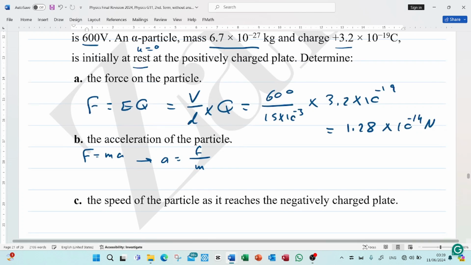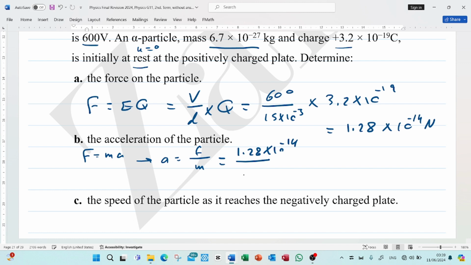Then we write a equals 1.28 times 10 to the power negative 14 divided by 6.7 times 10 to the power negative 27. The answer is 1.91 times 10 to the power 12. The unit is meter per second squared.